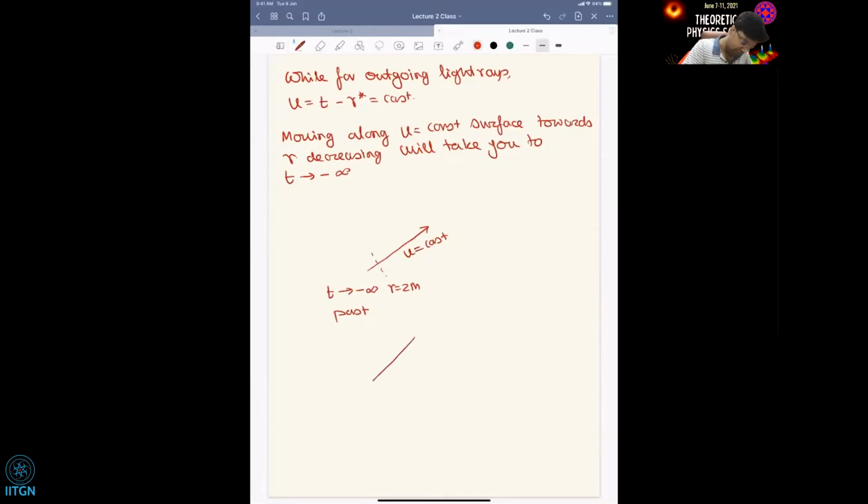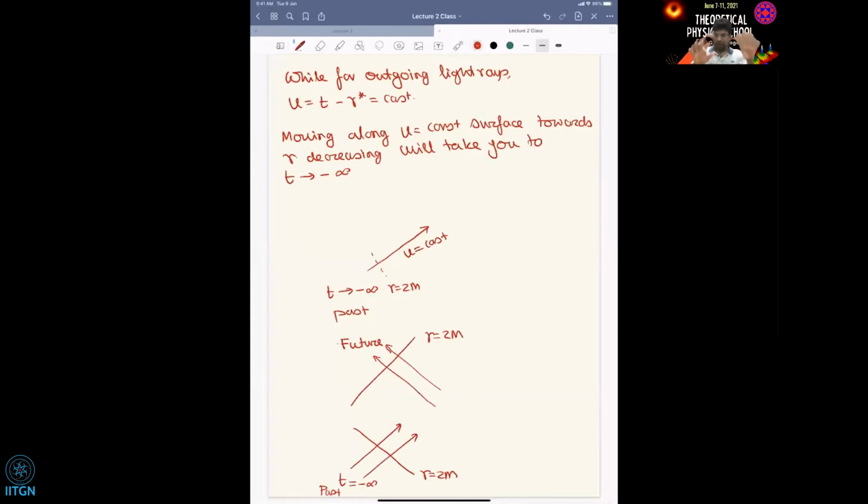So if it is r equal to 2m, just cartoon-wise, I am not putting much meaning on these lines at this stage. You can use ingoing light rays, cross r equal to 2m, and reach the future. While this is again r equal to 2m, you can use outgoing light rays, and they are coming from t equal to negative infinity, the past.